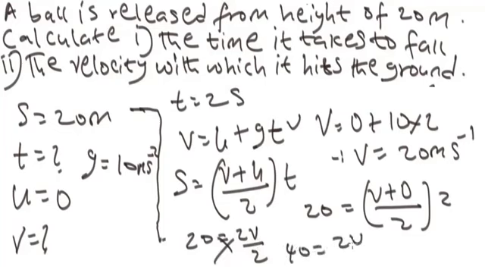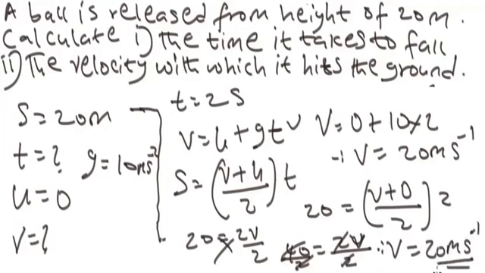To make v the subject of the formula, divide both sides by 2. Therefore 40 divided by 2, v equals 20 meters per second. So either way works, guys. It's as simple as that.